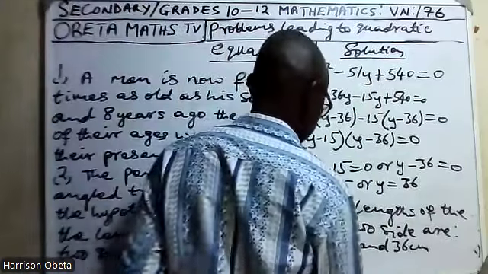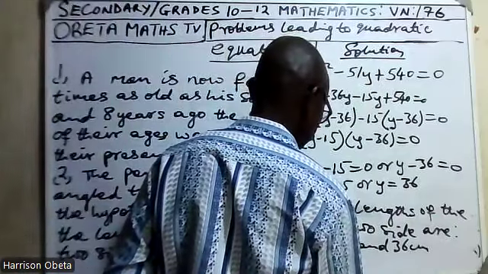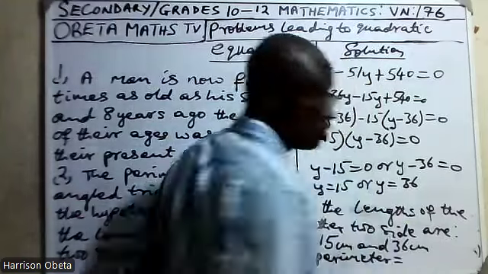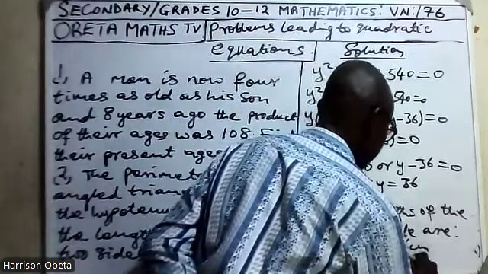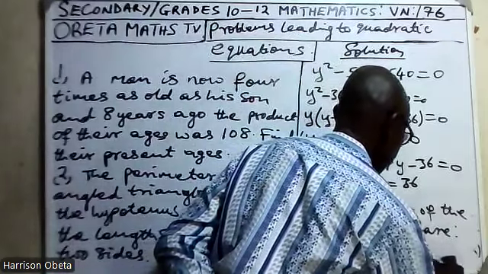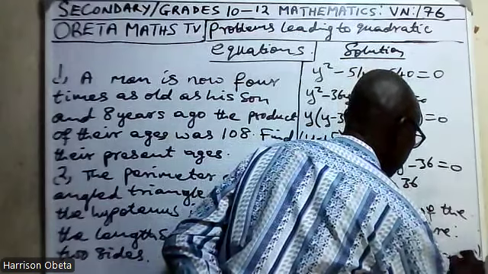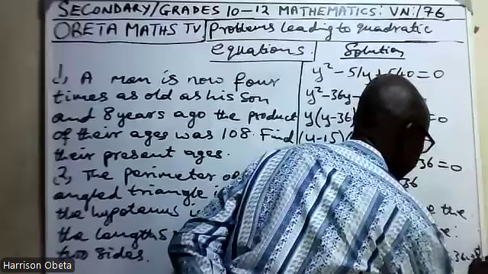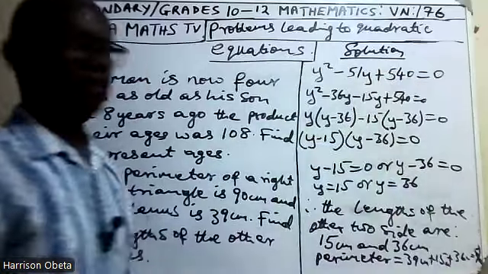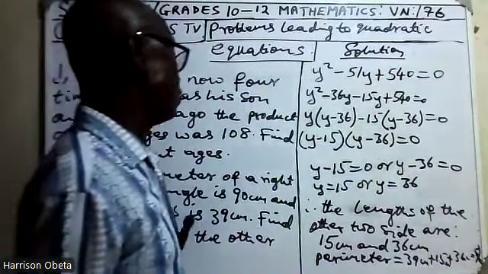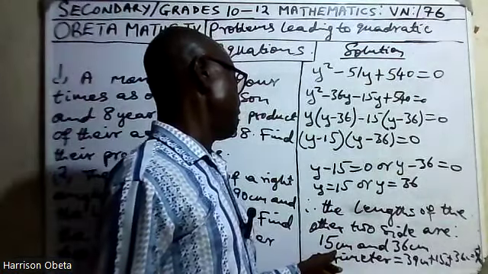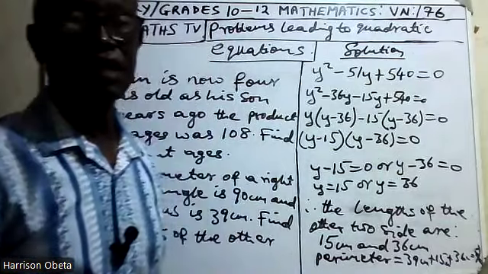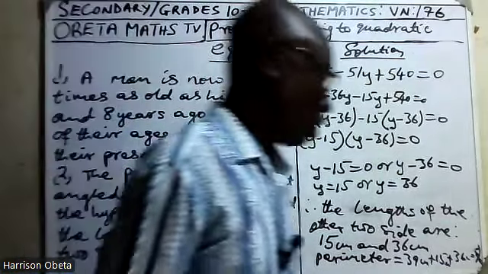That means perimeter is equal to, you have 39 plus 15 plus 36, and that will give us 90. So we have succeeded in getting the length of the other two sides, which is 15 cm and 36 cm. And we have come to the end of question number 2.